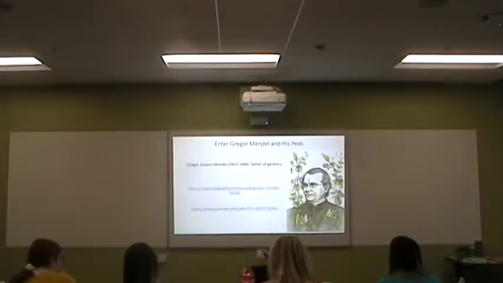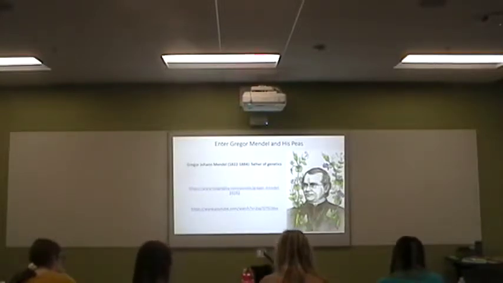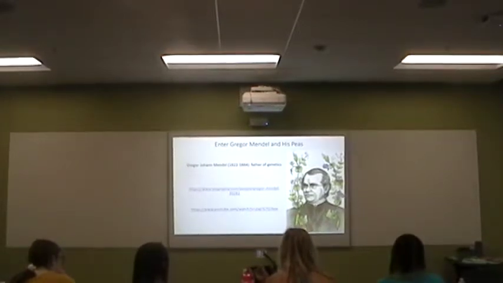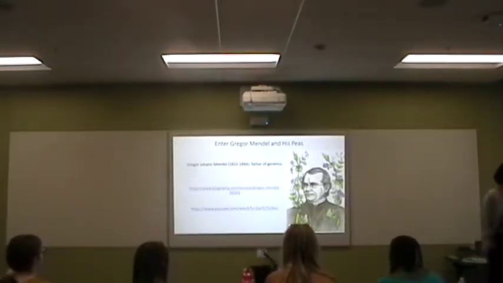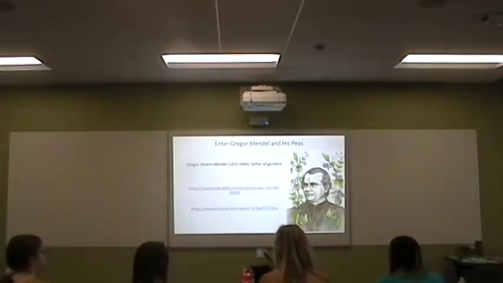In the 1800s, we had Gregor Mendel. Mendel is our father of transmission or classical genetics. He gave us a lot of really important information about how traits are passed from generation to generation. His actual research was done between 1856 and 1868-ish, so about 12 or 13 years.